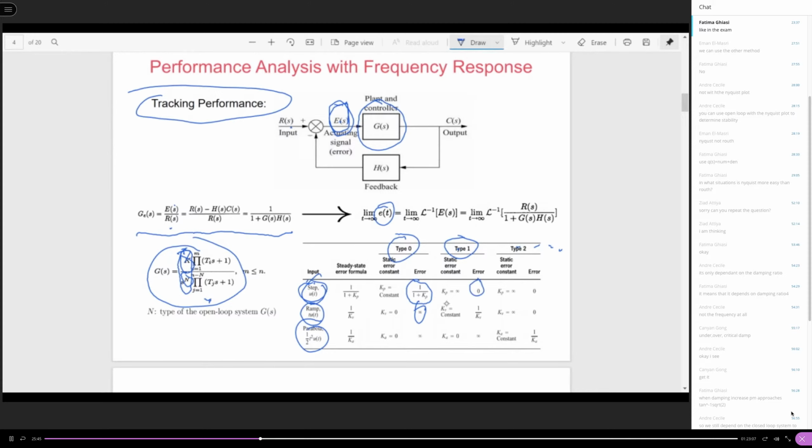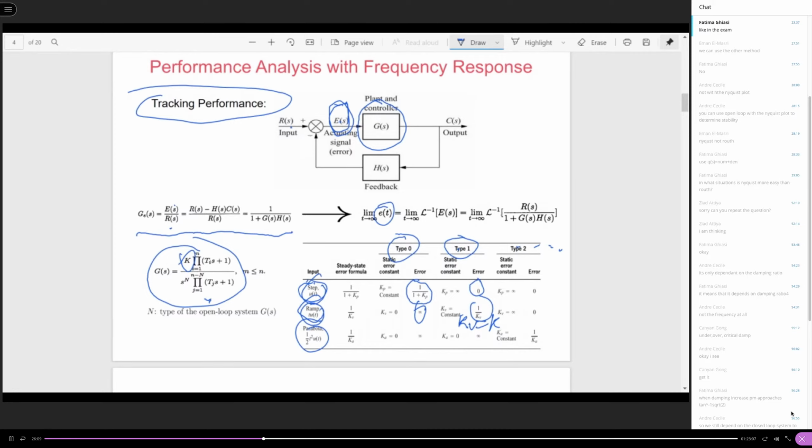However, it tracks a unit ramp signal with an error bounded by 1 over Kv. Again, this Kv is equal to K, so you can read this error from the value of K.